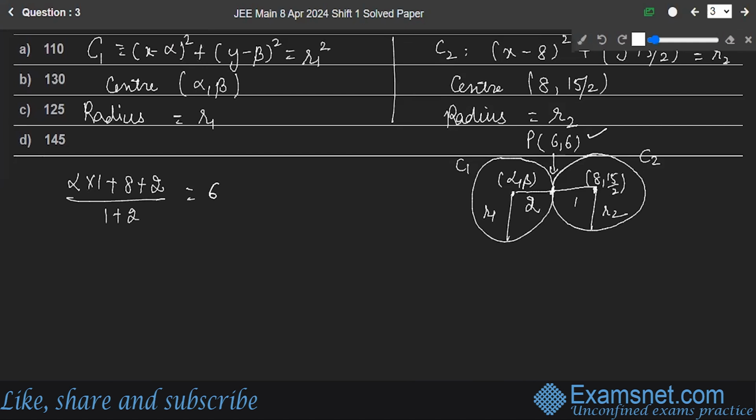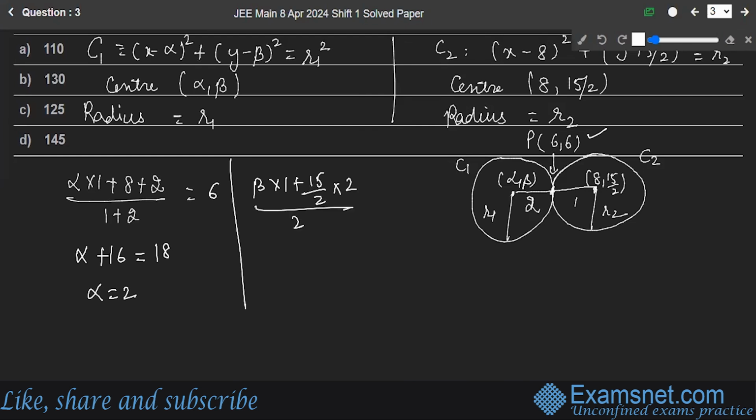So you will have alpha plus 16 is equal to 18, or alpha will be equal to 2. Now, let's solve for beta. Similarly, (beta into 1 plus 15/2 into 2) upon (2 plus 1) is equal to 6, or beta plus 15 is equal to 18, or beta will be equal to 3. We got the value for alpha and beta.